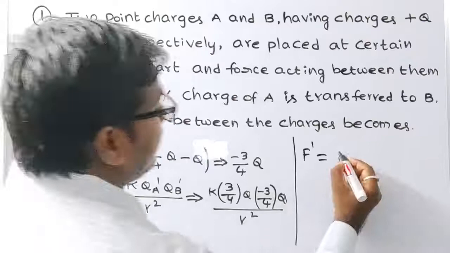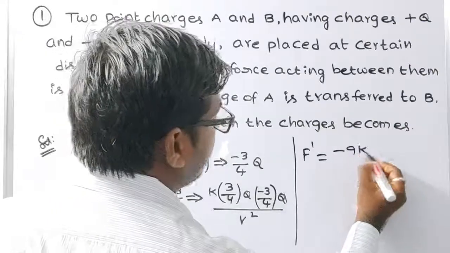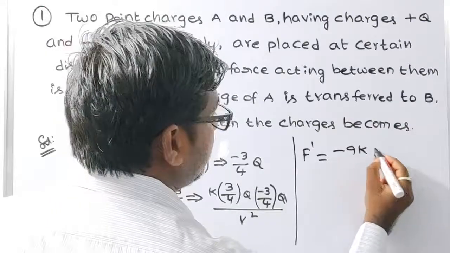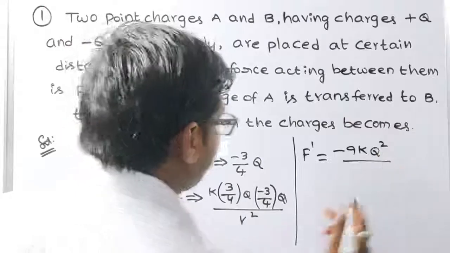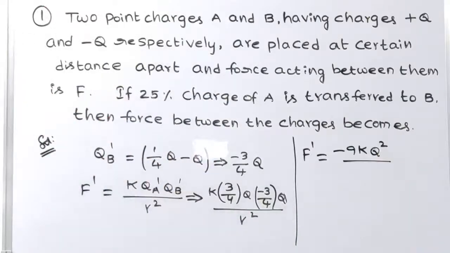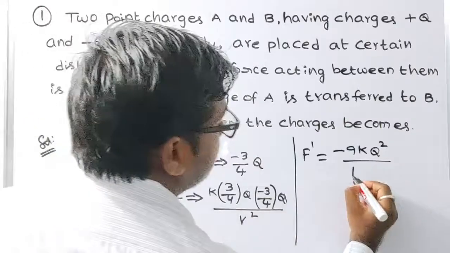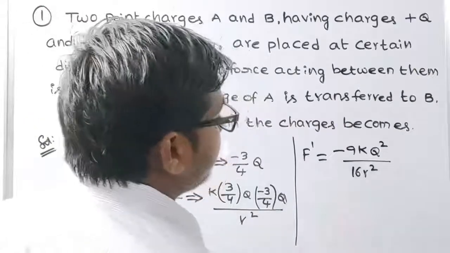So F dash is equal to minus 9K Q square by 16 R square.